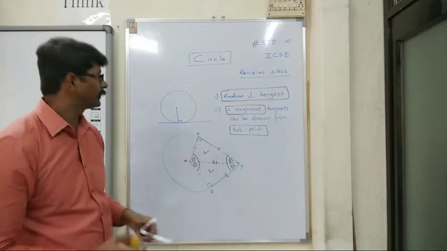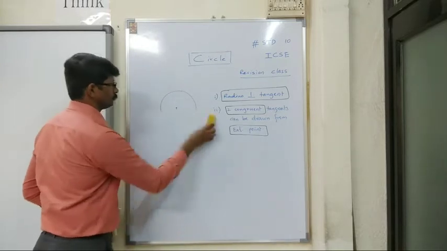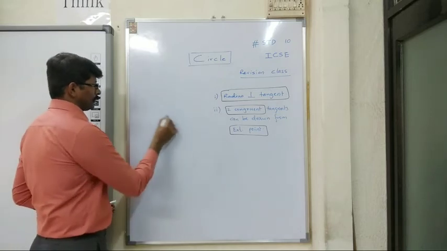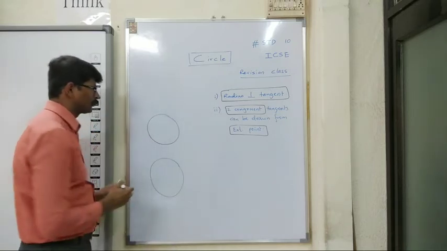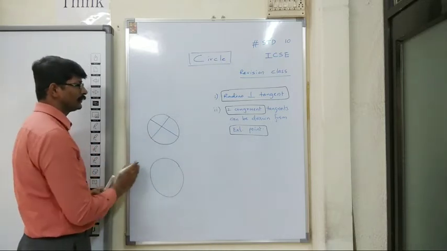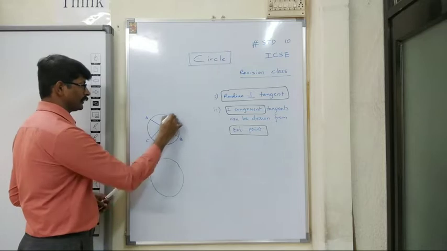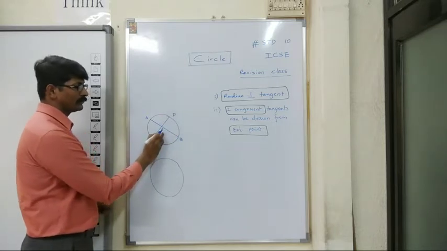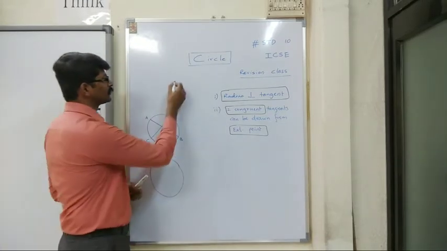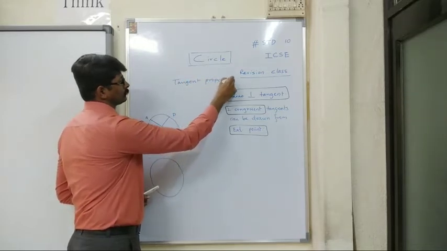So what is the next thing? Say when the chords are intersecting internally, say these are the two chords AB and these are two chords CD, they intersect internally at point P. I know these are not tangents, but these six properties come under the topic tangent properties in your textbook.